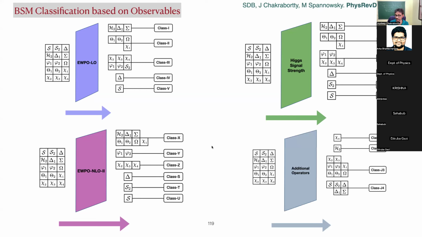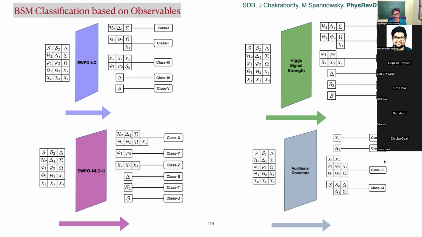And if you have some additional operators which do not belong to any of these observables, but you do not know what the possible observables could be, so theoretically you define them as some additional observable, and if you use that, then you will find they are clubbed into 4 different classes.